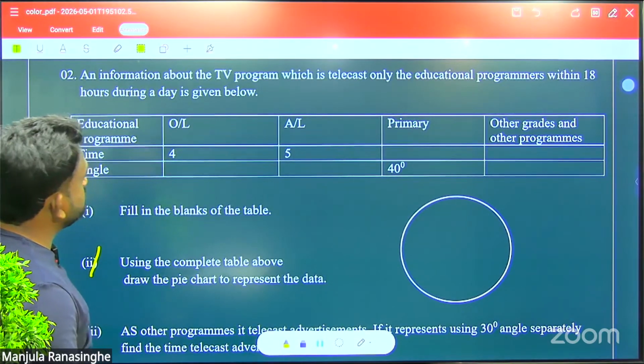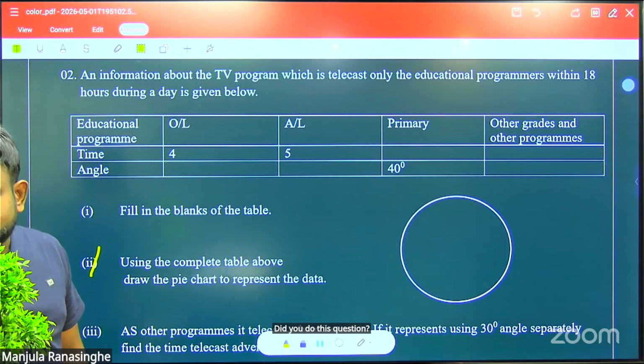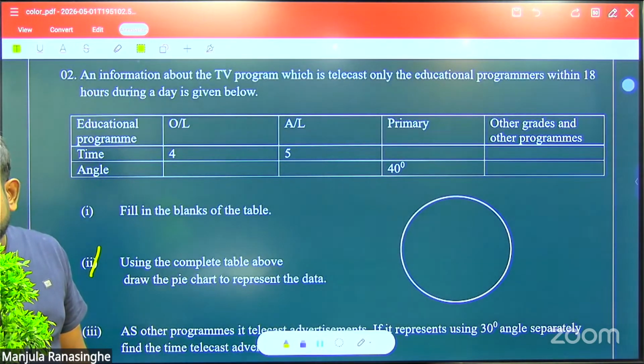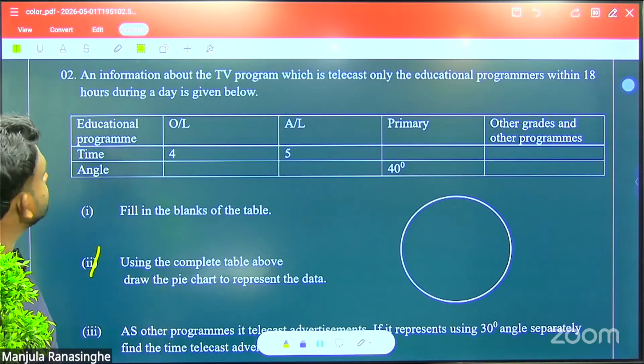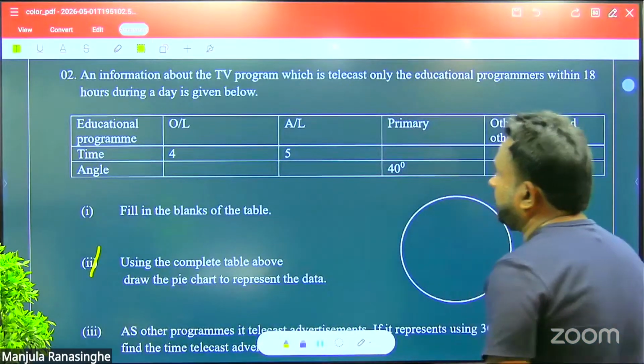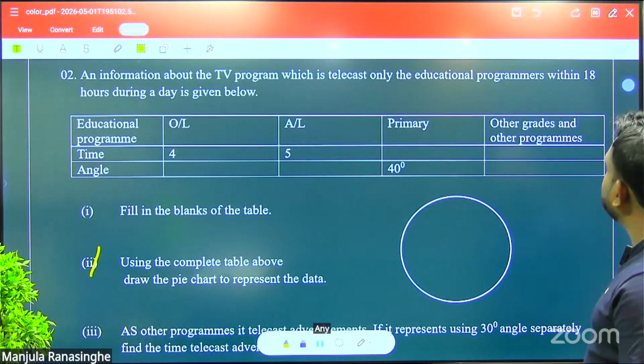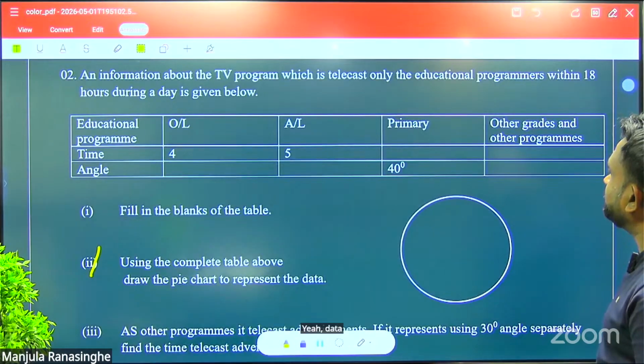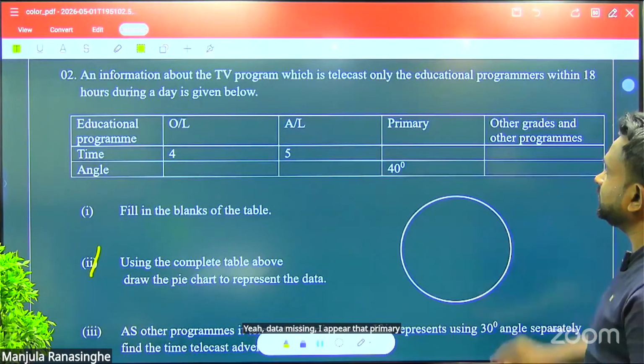Did you do this question? No, sir. Anyone? Some data is missing, I think. Primary and these both are not given.